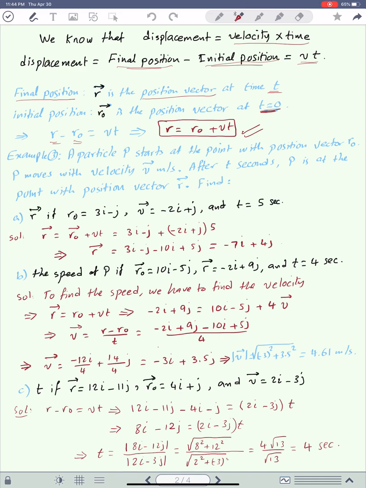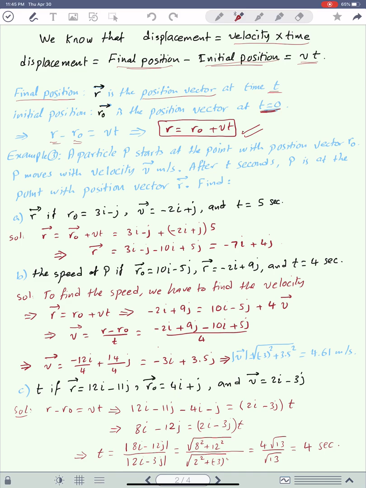Let's do some examples to explain how we do questions on this. The next example is a particle P starts at the point with, look at the language now, position vector r0. This is straightforward. He tells us everything. P moves with velocity v meter per second.